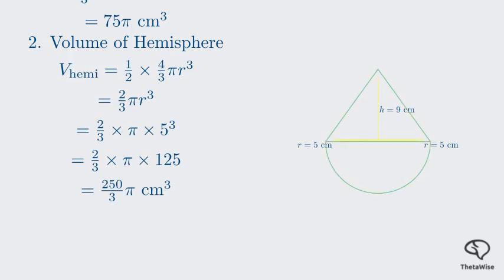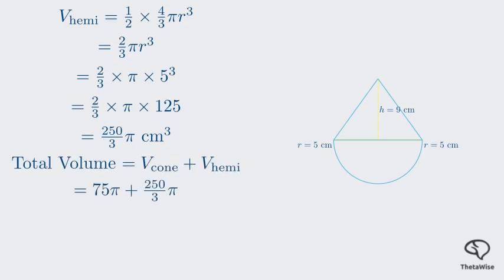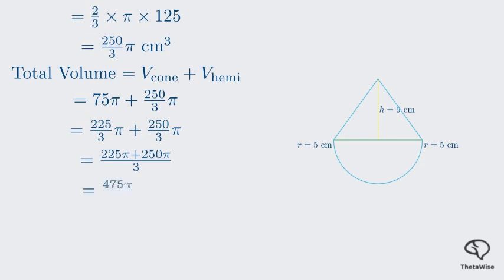Now the final step is to combine these two volumes. The total volume is the sum of the cone's volume and the hemisphere's volume. That's 75 pi plus 250 over 3 pi. To add these, we need a common denominator. 75 pi is the same as 225 pi over 3.